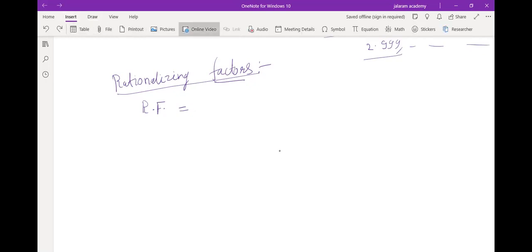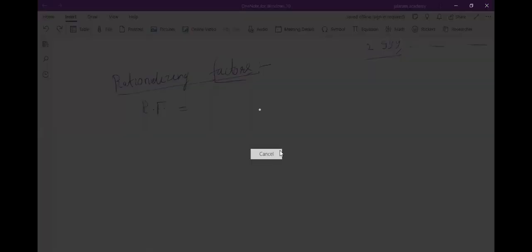The numbers which when multiplied to a given irrational number give the product as a rational number are called rationalizing factor of the given irrational number. Written everyone?